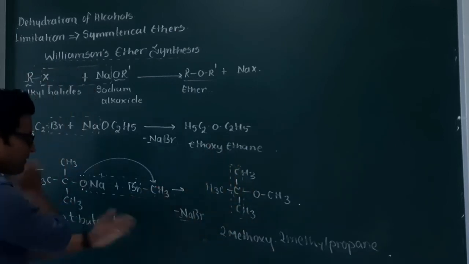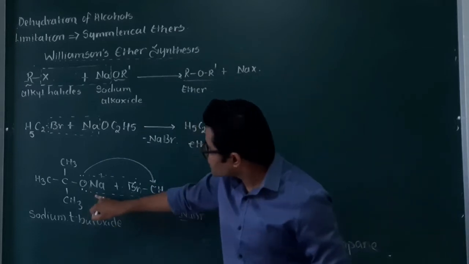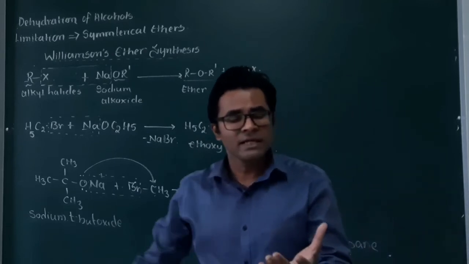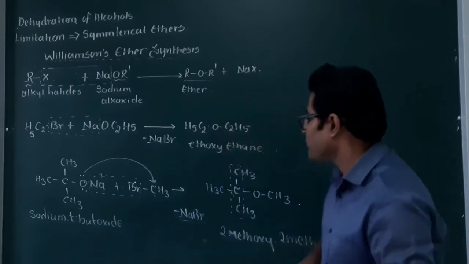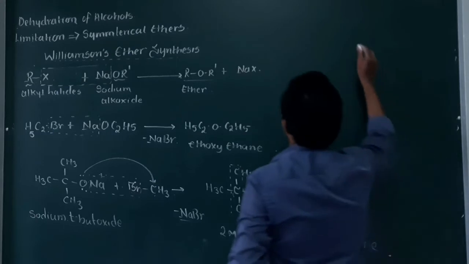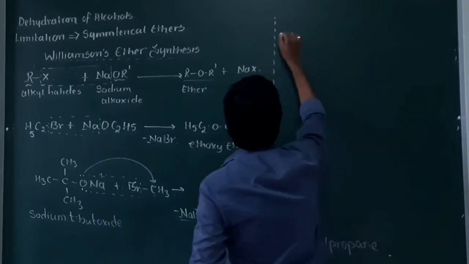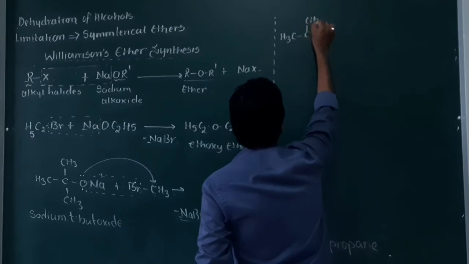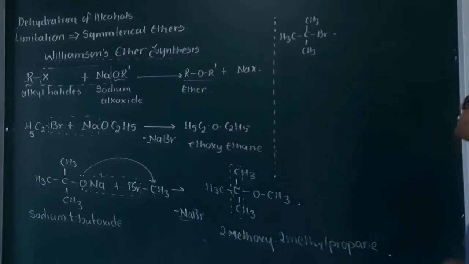Now, what if we reverse the condition? Reversing the condition, in a sense, if we take the alkyl halide as more substituted, either a secondary alkyl halide or a tertiary alkyl halide, let's observe what happens. In that particular condition, let us say we have (CH3)3C-Br, that is 2-bromo-2-methylpropane.